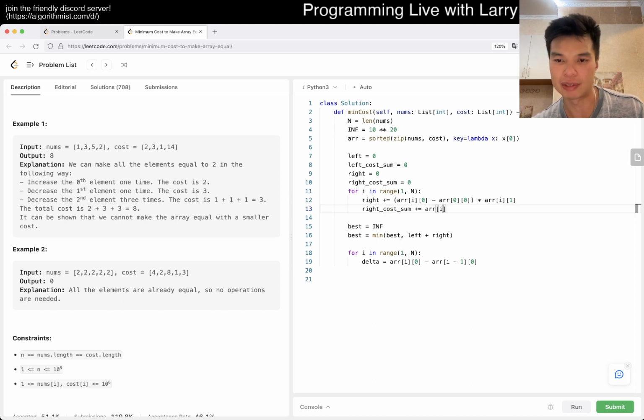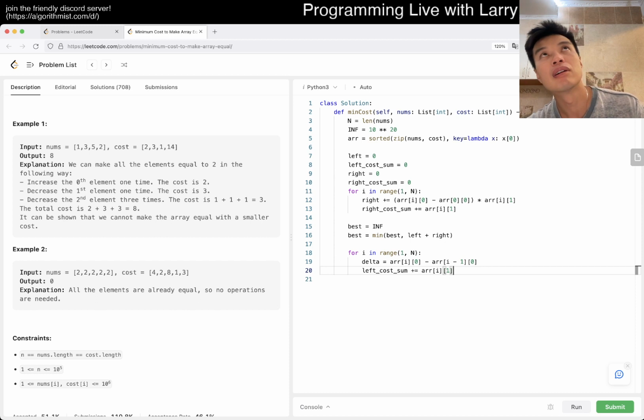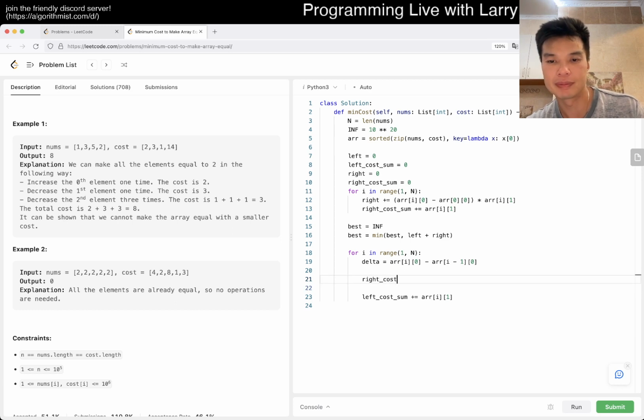Then the left cost sum we add by the new thing, and the right cost sum is subtracted by this.